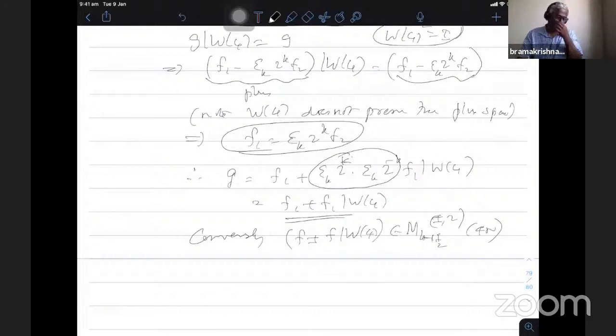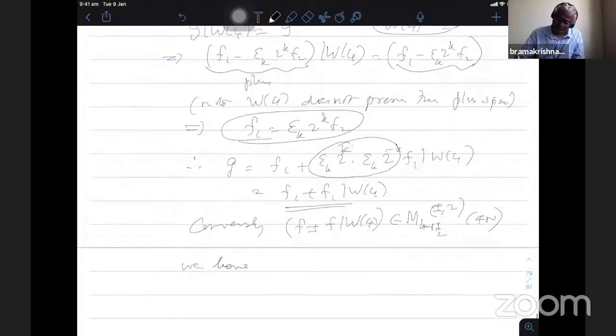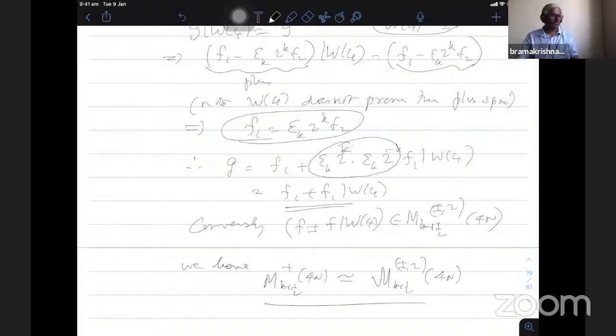So this implies these two spaces are equal. So also we have that these two spaces are isomorphic. So M_{k+1/2}(4N) is isomorphic to this space, plus minus 2 4N. Okay, these two spaces are isomorphic.